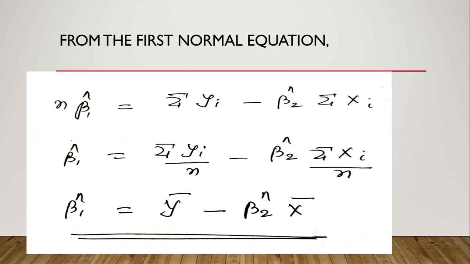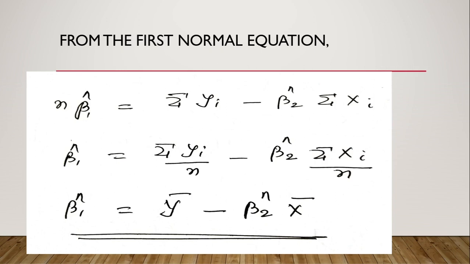Dividing throughout by n, beta 1 hat is equal to sigma yi divided by n minus beta 2 hat into sigma xi divided by n. So what is sigma yi by n? That is y bar. Beta 1 hat is equal to y bar minus beta 2 hat x bar, since sigma xi by n is equal to x bar.